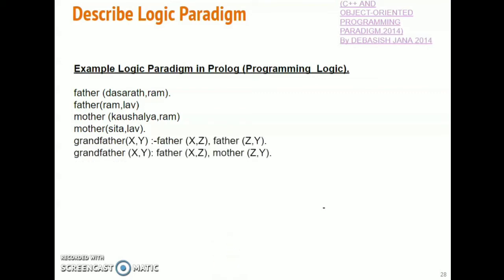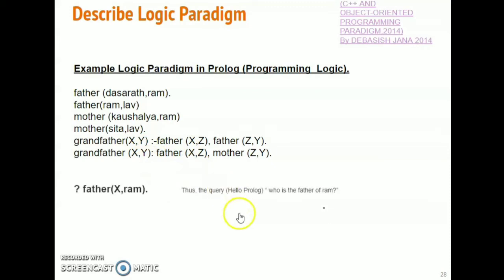And then the rule also defines that any person X is the grandfather of another person Y if X is the father of some other person Z, who is either the father or mother of Y.